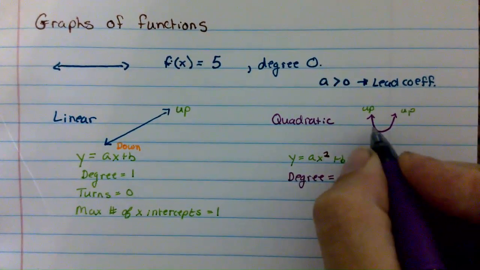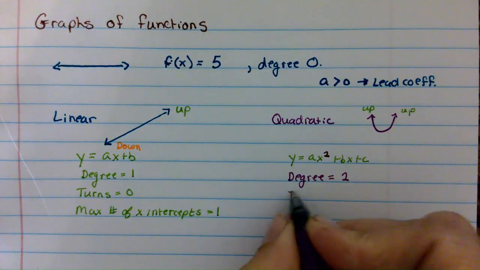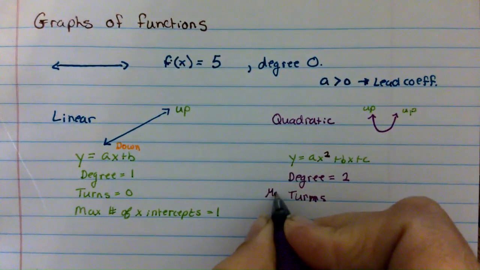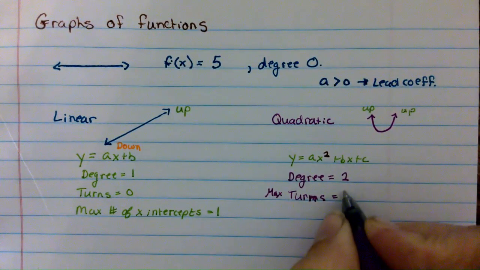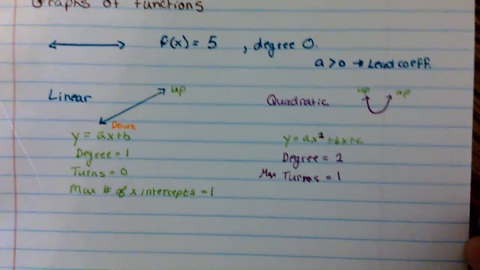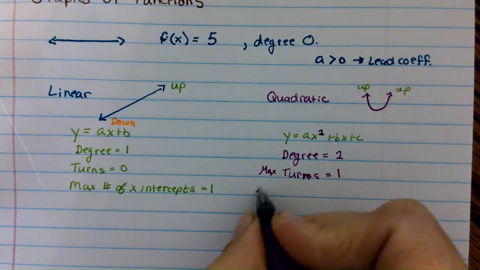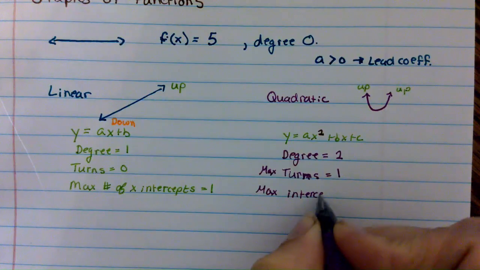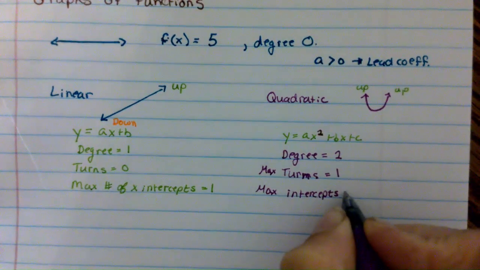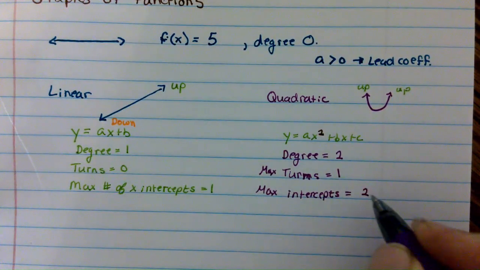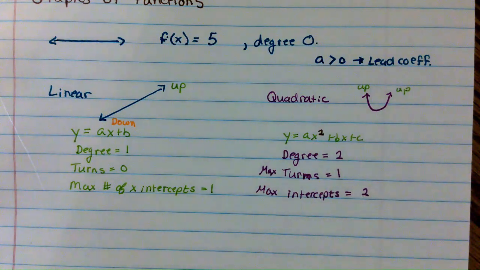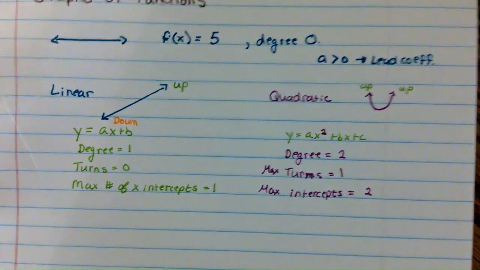And it has that one turn. And I should say max number of turns. And the max intercepts in this case, it could cross the x-axis up to twice. Why twice? Because the degree is 2. That really does relate. It doesn't have to cross the x-axis. That's why I say the max number of intercepts.